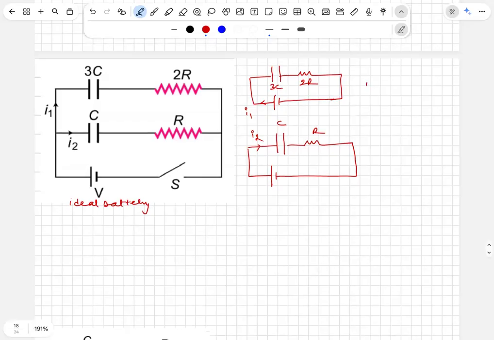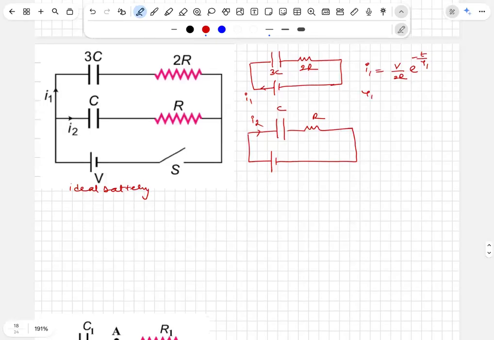So you will write I1 simply as V by 2R e to the power of minus t by tau 1, where tau 1 is simply 2R times 3C, 6RC.